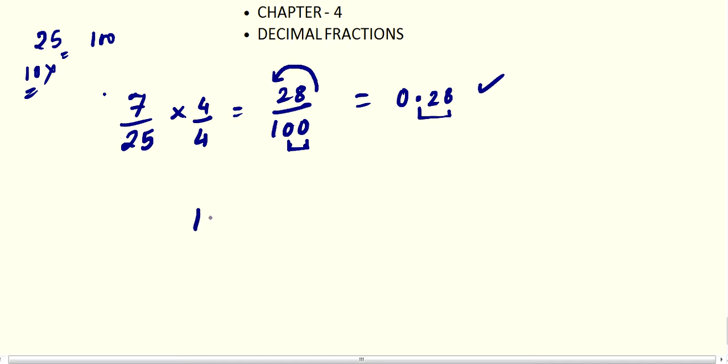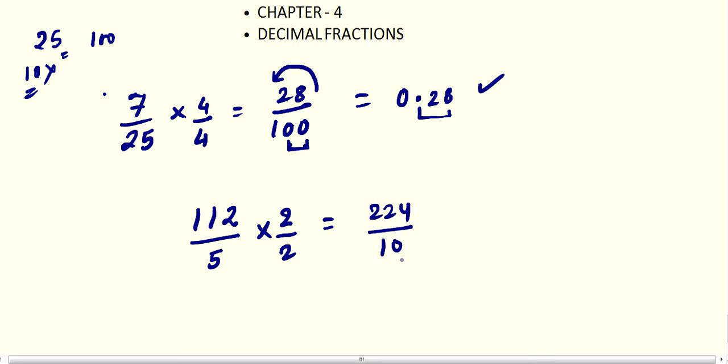Suppose you have 112 divided by 5. In the denominator we have 5, and easily I will get 10, by multiplying 2 upon 2. So I will get 224 divided by 10. Now in the denominator I have 10, 1 0 only.